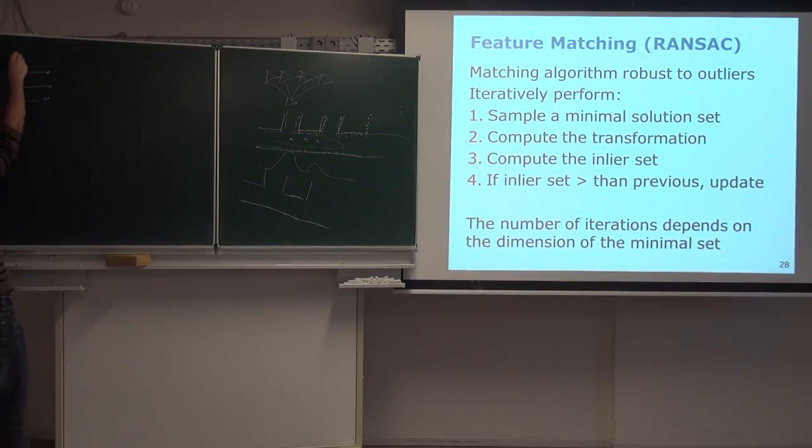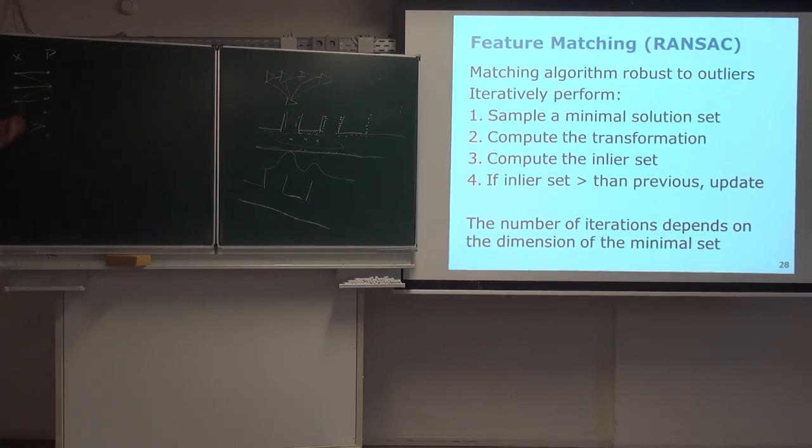This is my feature set X, that's my other feature set P, and it might be that each point of X has one or multiple correspondences, okay? And some of them might not have any correspondence, so this one, for instance, is isolated, so we don't take it.